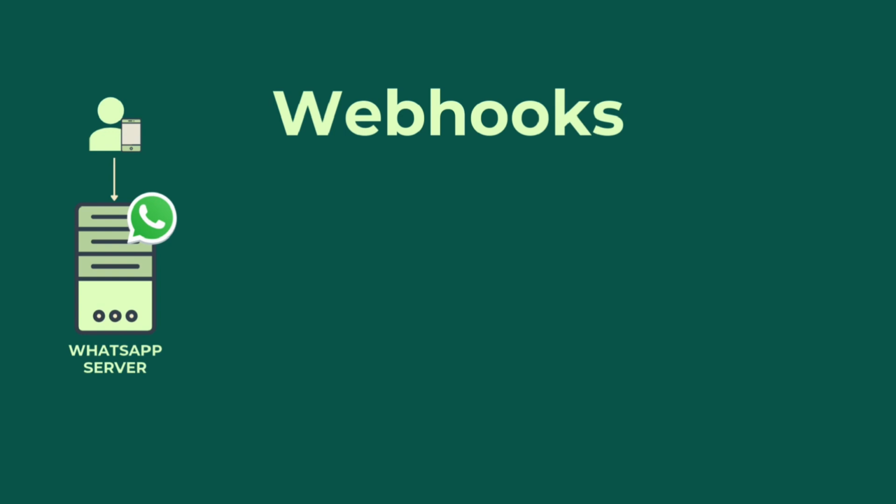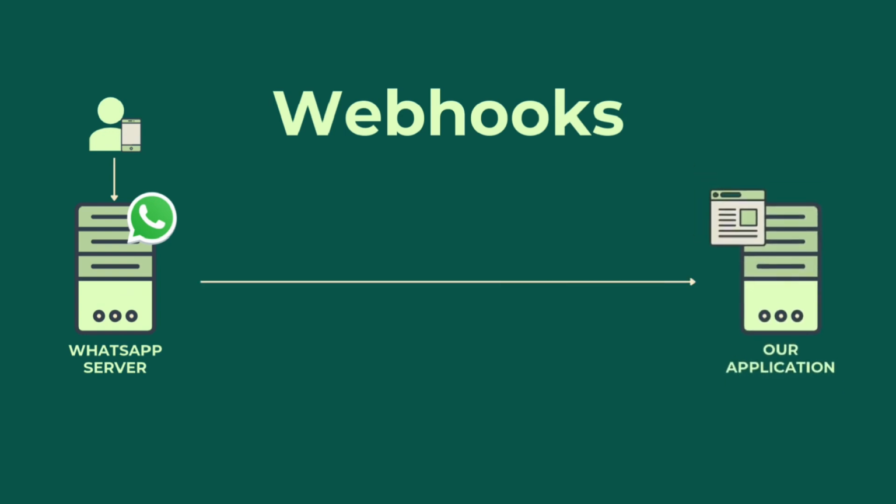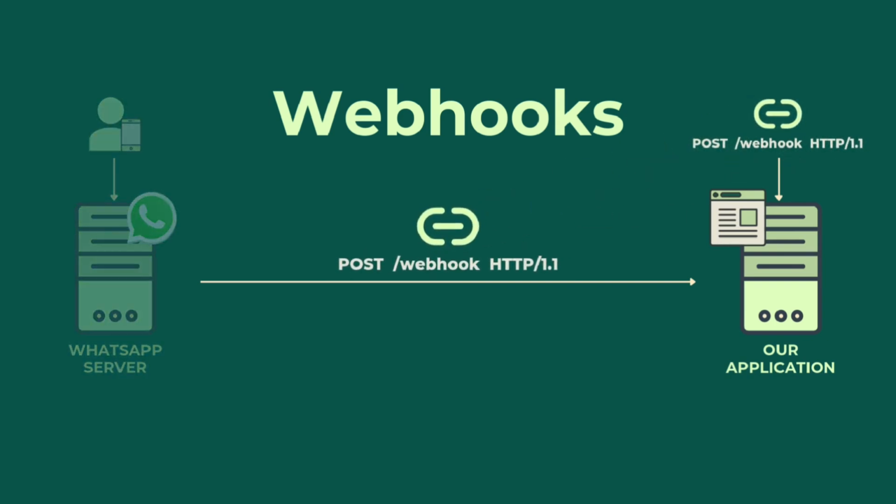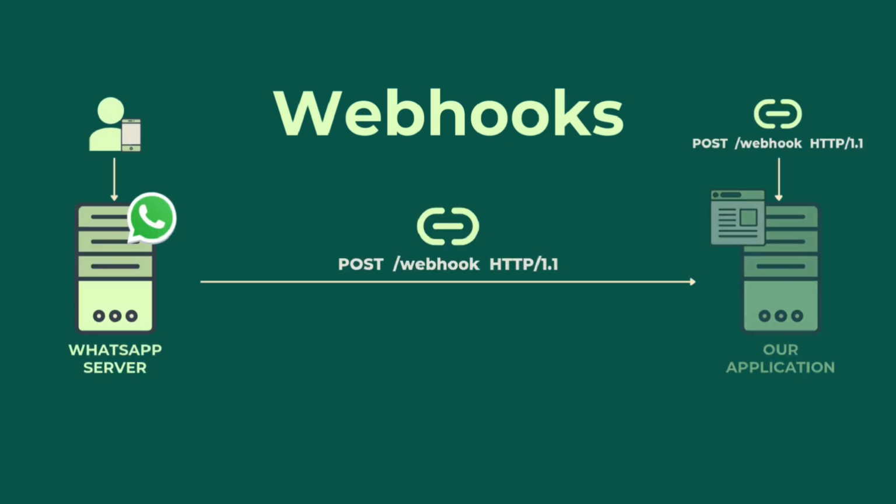When that happens, WhatsApp needs to inform our application. To do this, we need to configure a URL in our backend where WhatsApp can send the event data. So when a message is received, WhatsApp will call this URL and our application will process the incoming information right away. So we need to configure this URL on our WhatsApp app on the Facebook developers platform.